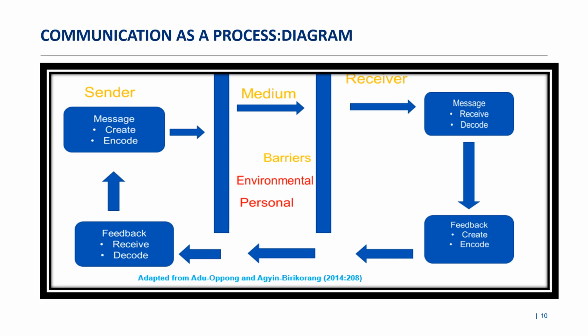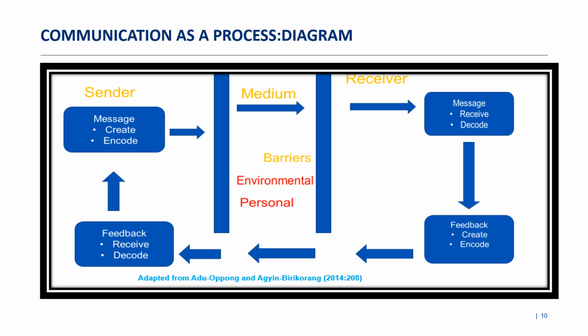So all these are different mediums or channels which the sender can use to relay or send the message to the receiver. Once the receiver receives the message, the receiver has got an obligation or a duty to decode the message and make sense of the message. If the receiver has clearly understood the message, there is an obligation on the receiver to send feedback to the sender. That is why communication becomes a continuous process.